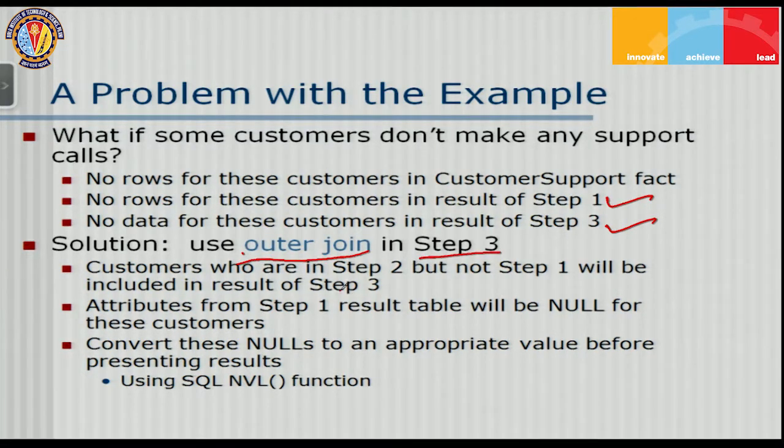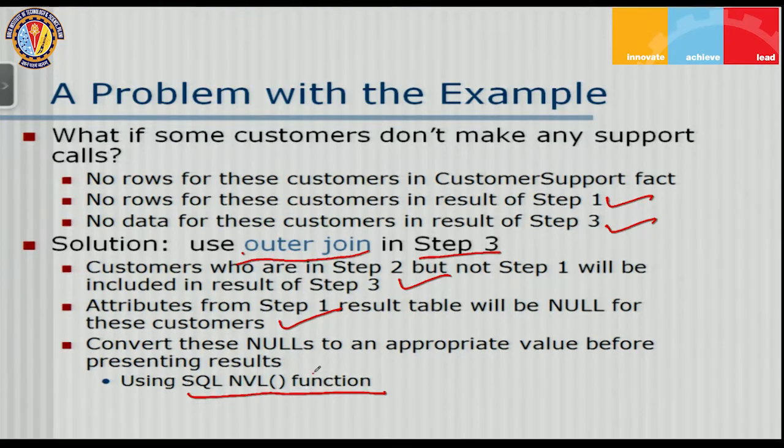So customers who are in step 2 but not in step 1 will be included in the result, and attributes from the step 1 result table will be null for these customers. These nulls can now be converted into an appropriate value or a string using SQL's NVL function.